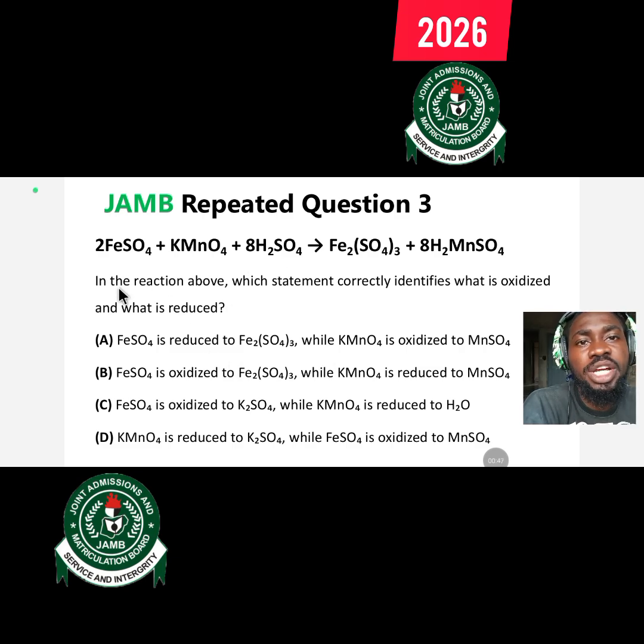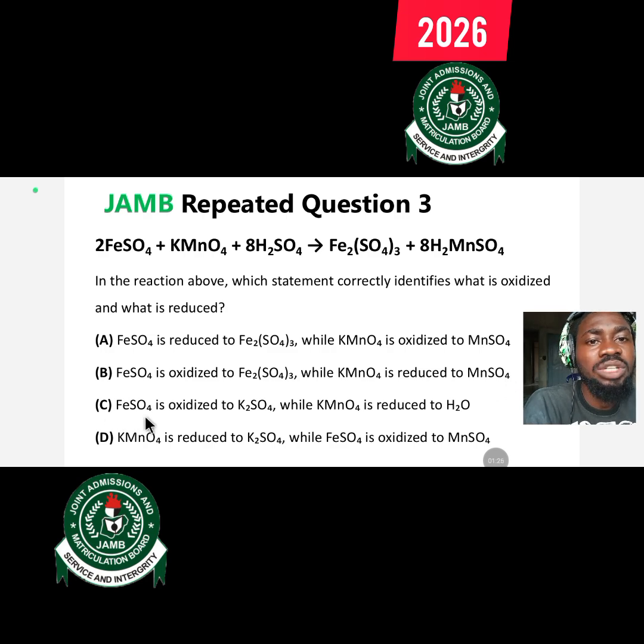The question reads, in the above reaction, observe this reaction above. Which statement correctly identifies what is oxidized and what is reduced? A. Iron 2 tetraoxosulfate 6 is reduced to iron 3 tetraoxosulfate 6, while potassium tetraoxomanganate 7 is oxidized to manganese tetraoxosulfate 6. B. Iron 2 tetraoxosulfate 6 is oxidized to iron 3 tetraoxosulfate 6, while potassium tetraoxomanganate 7 is reduced to manganese tetraoxosulfate 6.